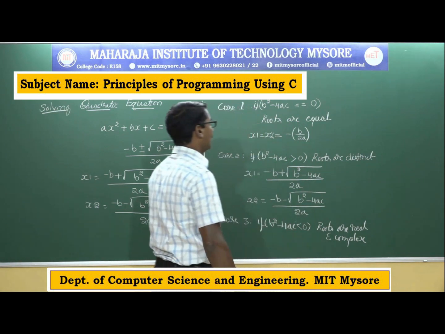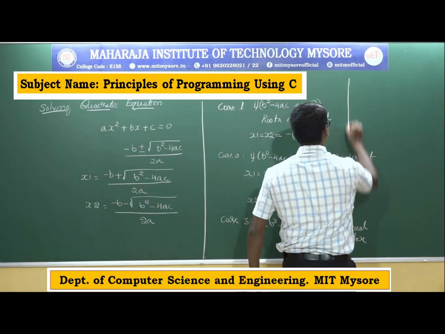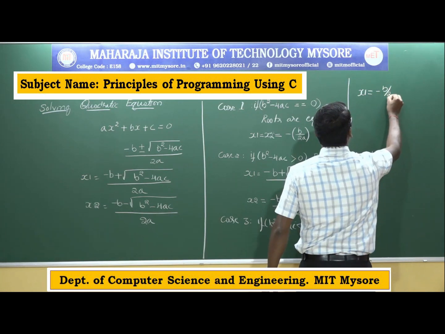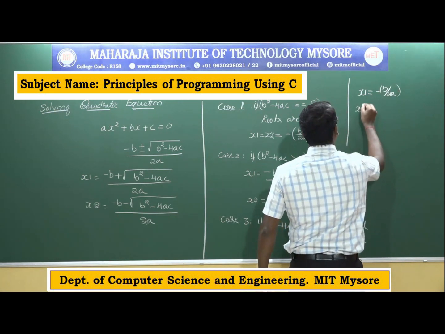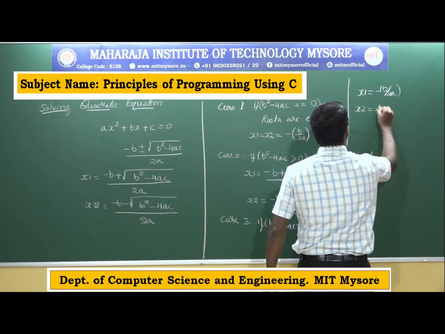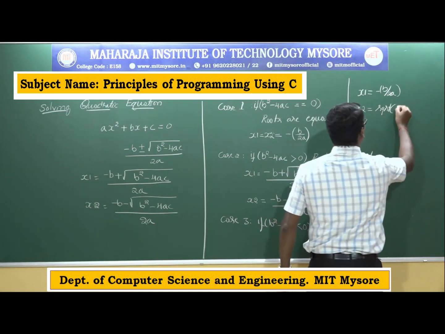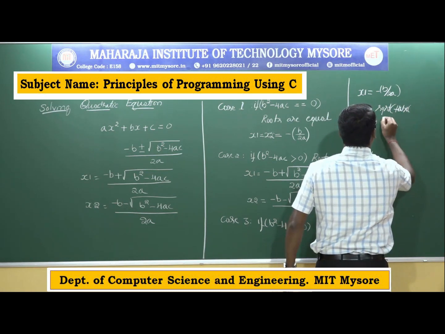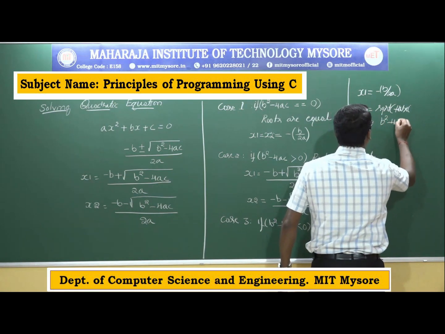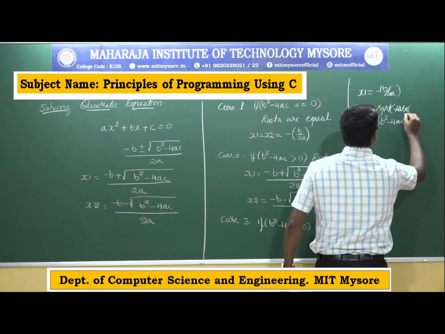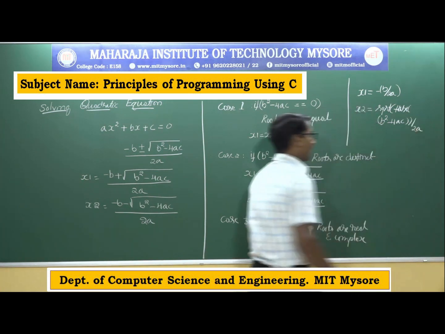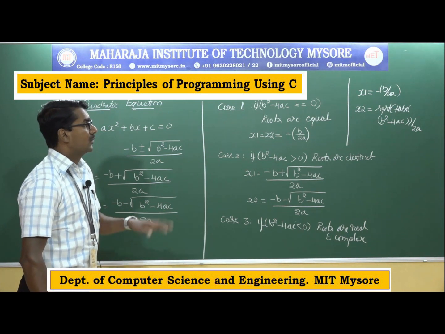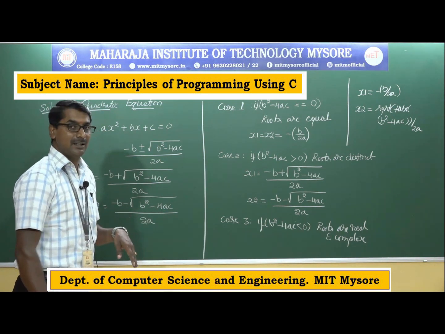In this case, the root value x1 is equal to minus b divided by 2a, x2 is equal to square root of float absolute of b square minus 4ac divided by 2a.